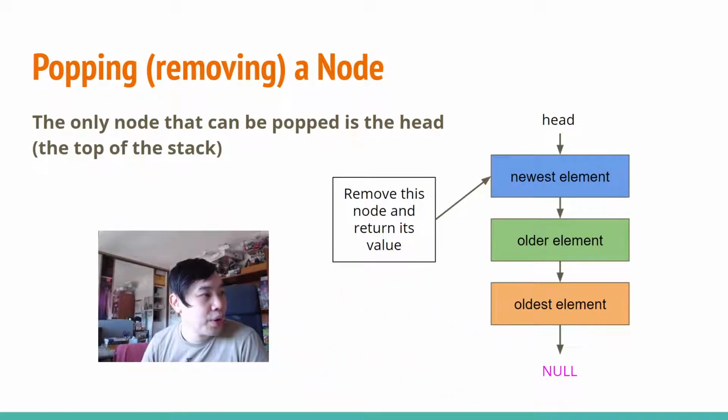So the other thing that we're going to be doing sometimes is removing the top of the stack. So remember that we're taking the head pointer to be aimed at the top of the stack, which means this node here, the newest element, the most recent element in the list, whether we've just added it or it's been there for a while, it doesn't matter. As long as it's the most recent element of the stack, it's the thing that's going to get removed first. So it's going to be the head of the stack.